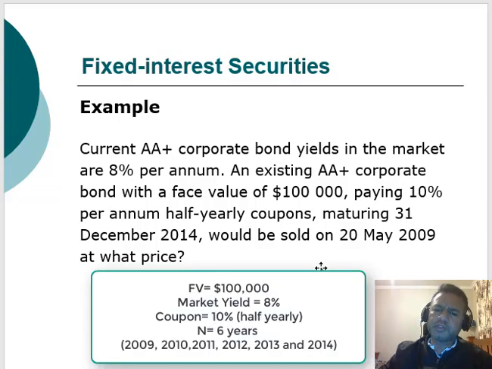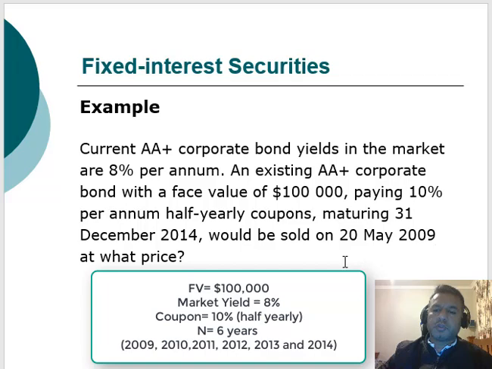If you look into this question, you can find that it states the bond is maturing 31st of December 2014, and would be sold on 20th of May 2009. Okay, so it's sold in 2009, but maturing in 2014.